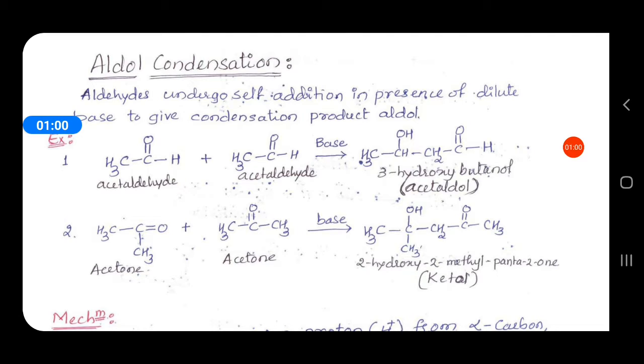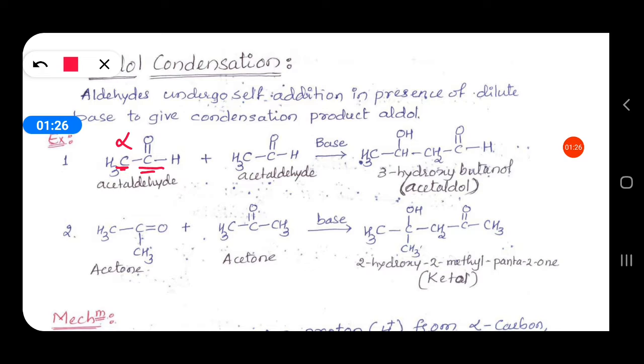For this reaction, the important thing is that aldehydes or ketones should contain alpha hydrogen. Adjacent to the functional group, the carbon is called alpha carbon, and the hydrogen on that carbon is called alpha hydrogen.